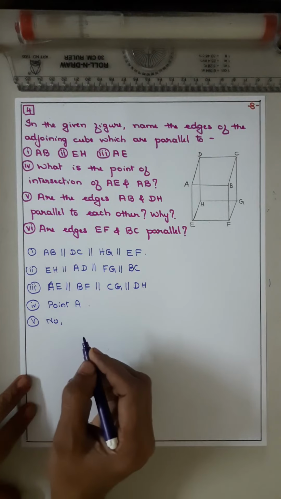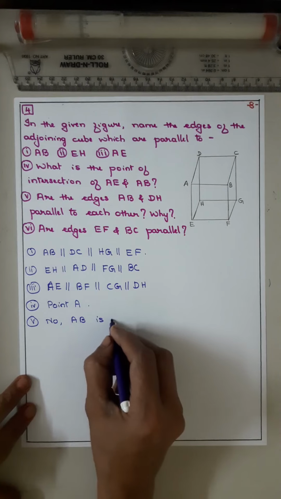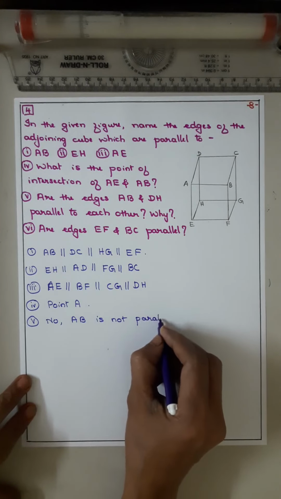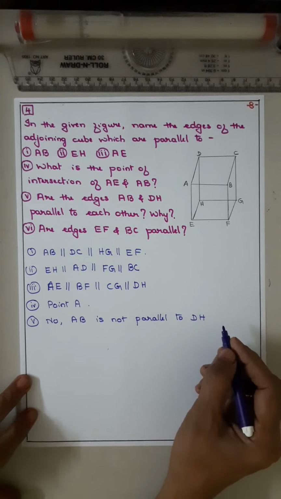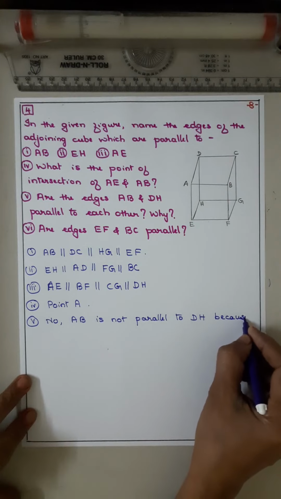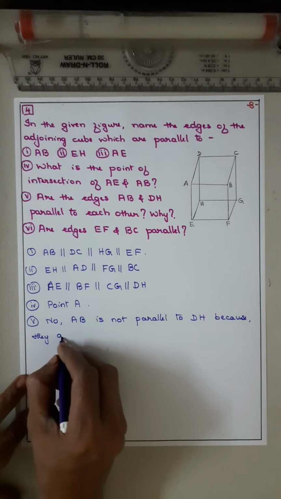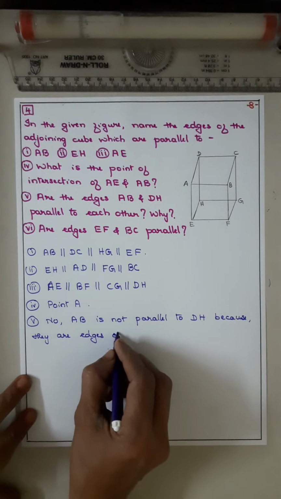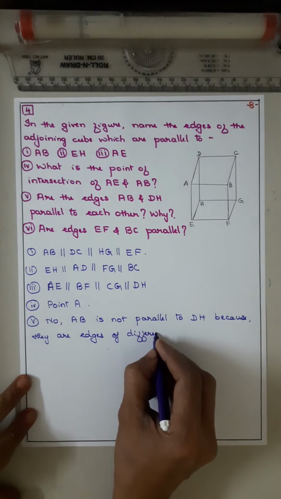Are they parallel? No. AB is not parallel to DH. Why have they asked this? Because they are edges of different faces.